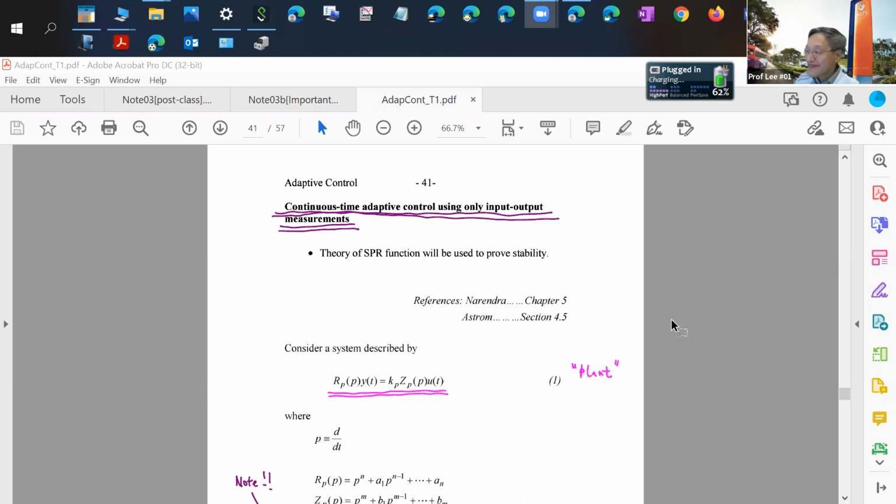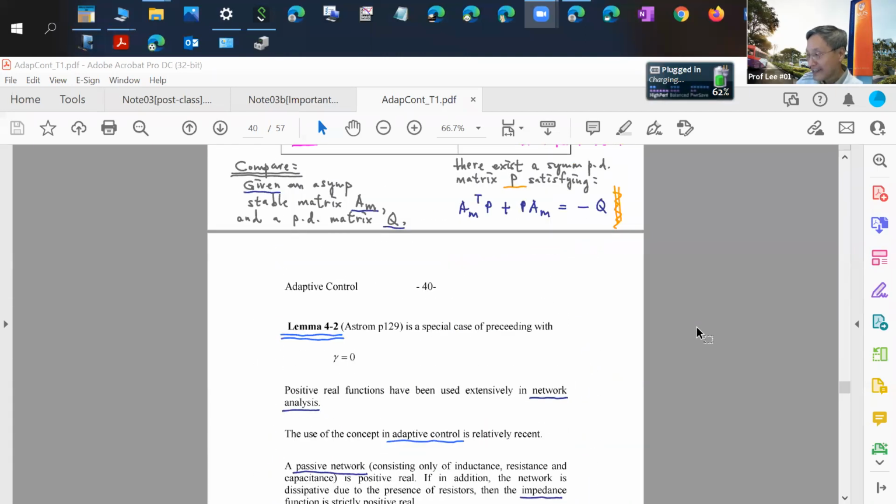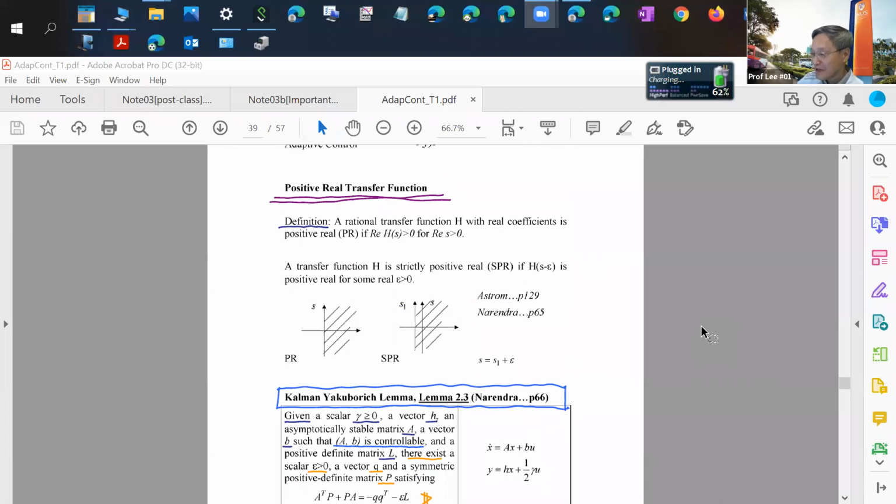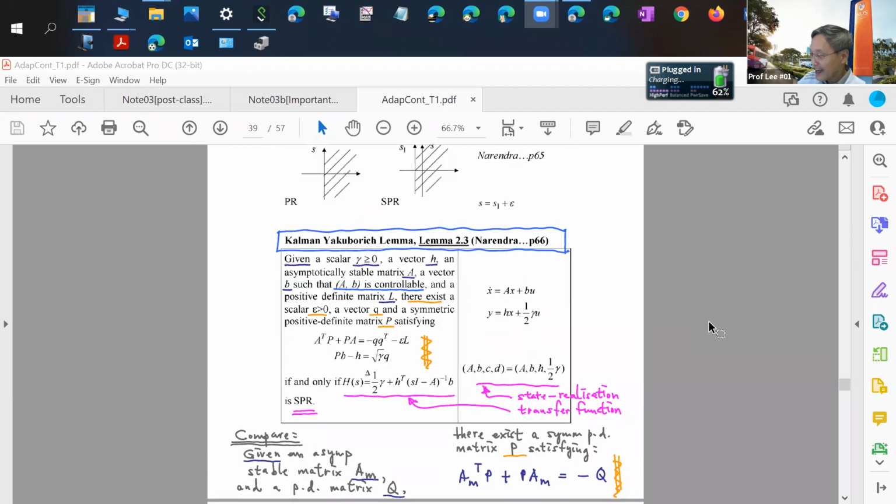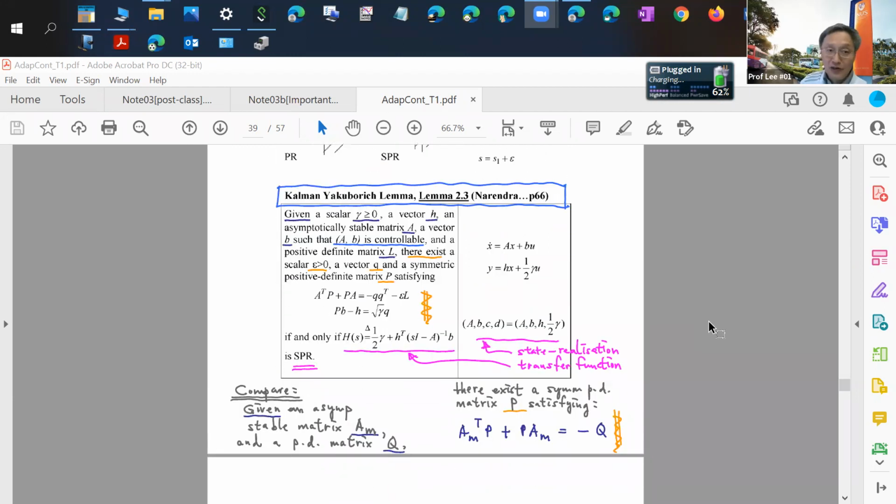Okay, so again, let's recap and do the review. Remember, in the previous class, we started the formulation of adaptive control using only input-output measurements, right? Ahead of that, we first needed to pose the methodology of positive real transfer functions and, related with it, the Kalman-Yakubovich lemma.